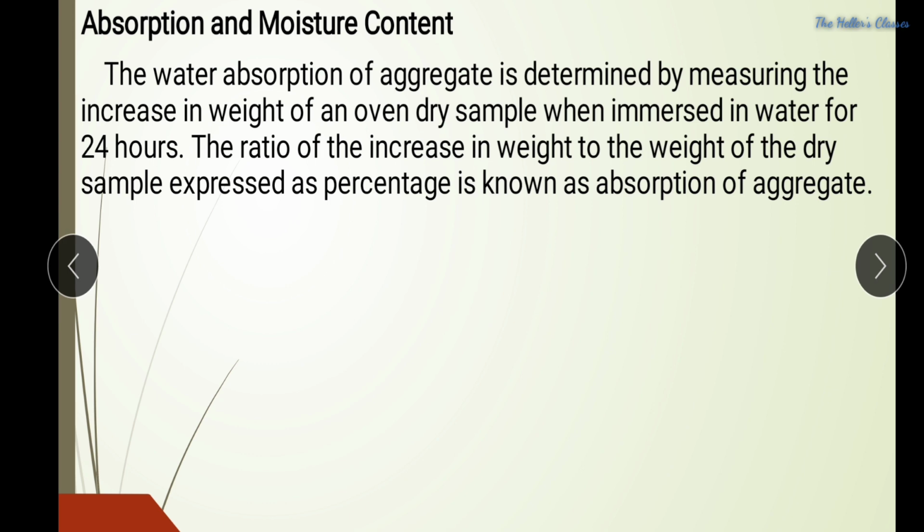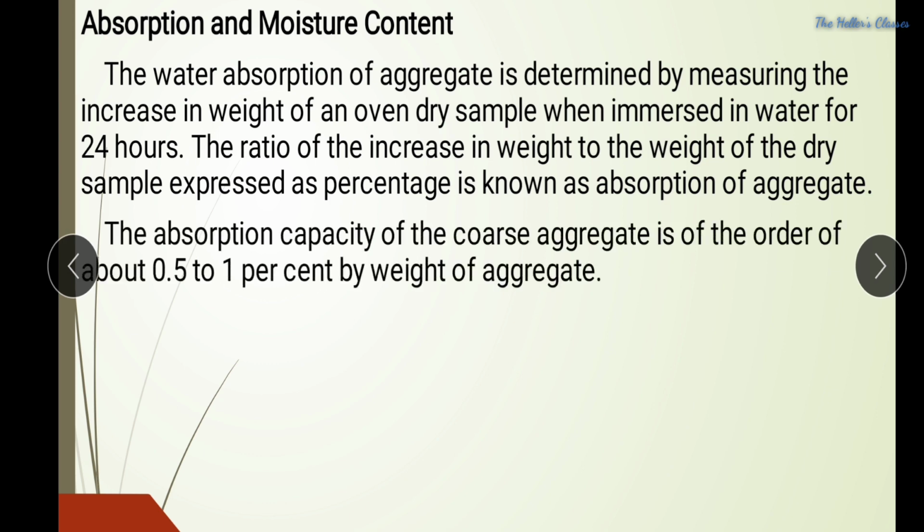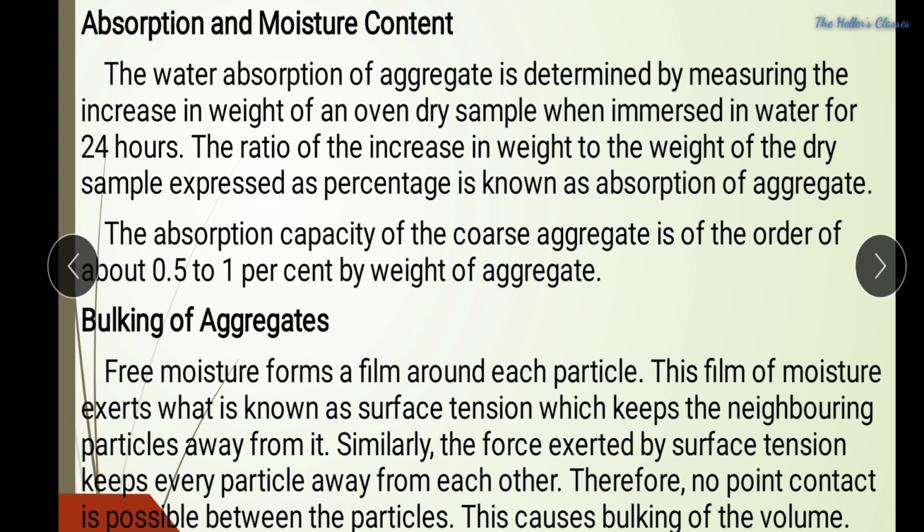So if the porous nature is more, then definitely the strength of the aggregates will be reduced. If it is reduced, the concrete strength is also somewhat affected. So the allowable percentage of voids is approximately 0.5 to 1% of the complete weight of aggregates only. If it exceeds that value, then we won't choose such aggregates for construction.